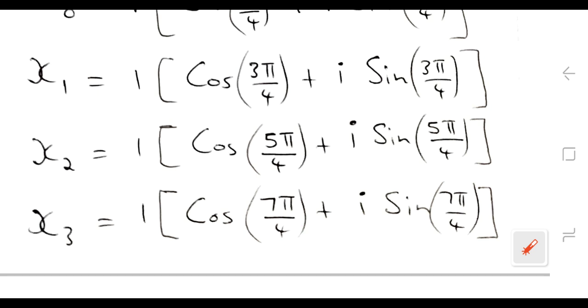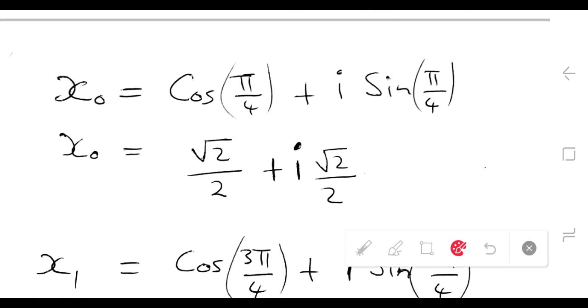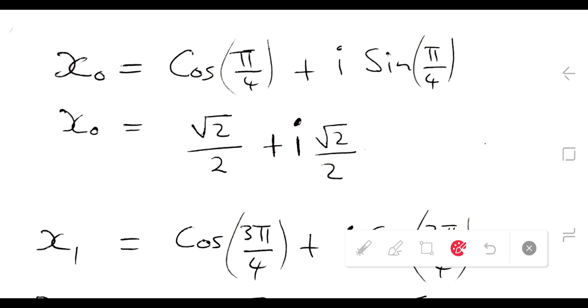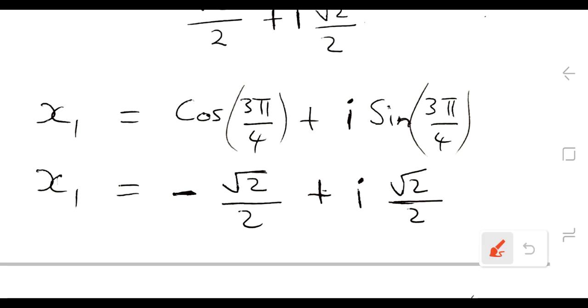Now we are changing from polar to rectangular by simplifying this and that. The next step is to change to rectangular. By simplifying this, you find the answer is root of 2 over 2, and that also is root of 2 over 2. For the next one, this one is negative and this one is positive, and the i remains where it is.